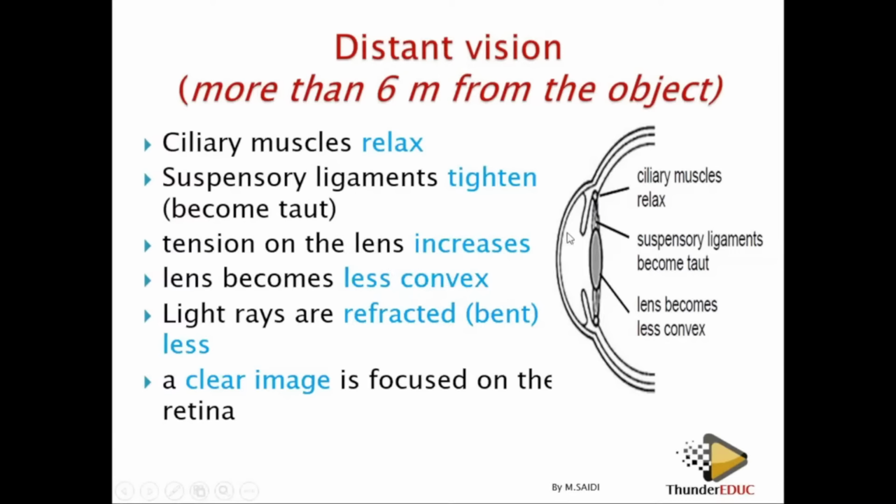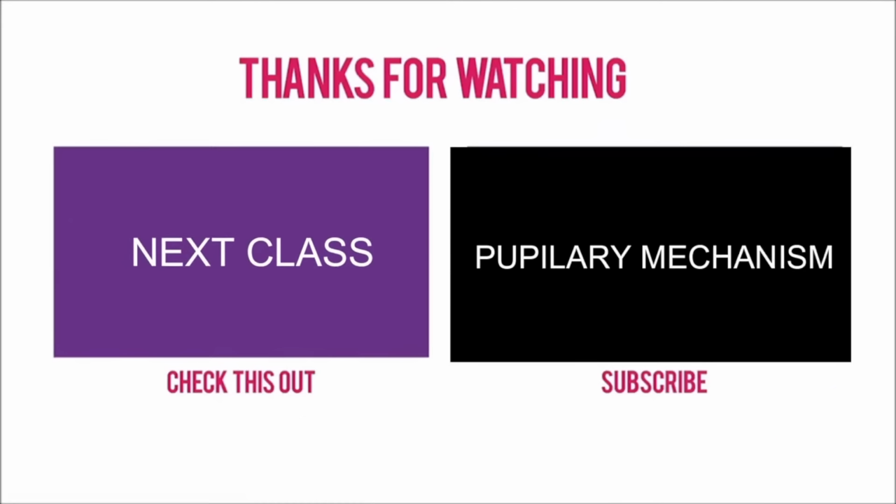Therefore, the light rays are not going to be bent as much as for a near object. That's why when you are seeing an object which is far, you see it as small. The light rays come as a very small beam, and then it is bent to the retina, and a clear image is focused there. So that's how you can differentiate between these two.